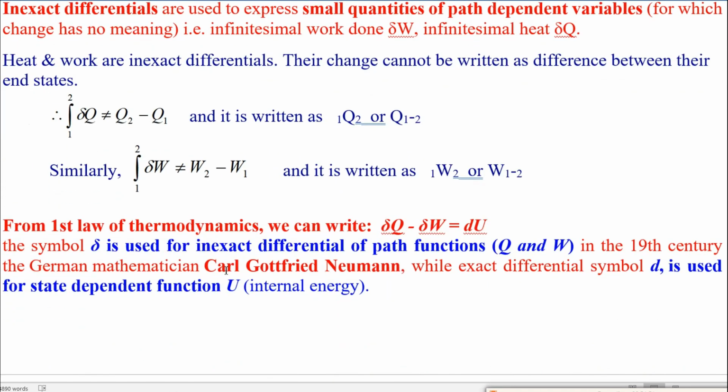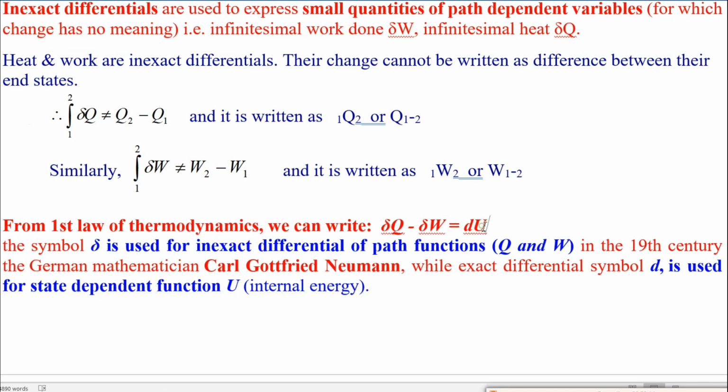For example, from the first law of thermodynamics, which I will discuss later, we can write del Q minus del W is equal to dU. So del Q is the heat added to the system and del W is the work done by the system, and the rest of the heat energy is transformed into internal energy.